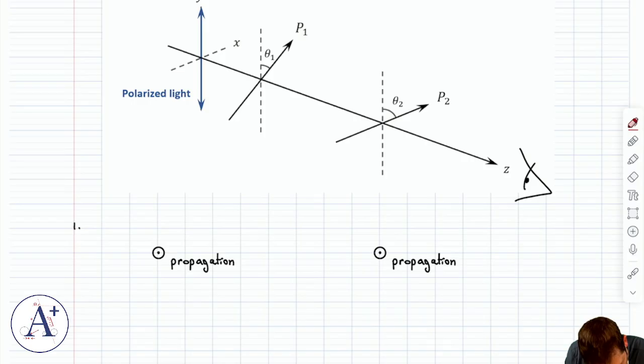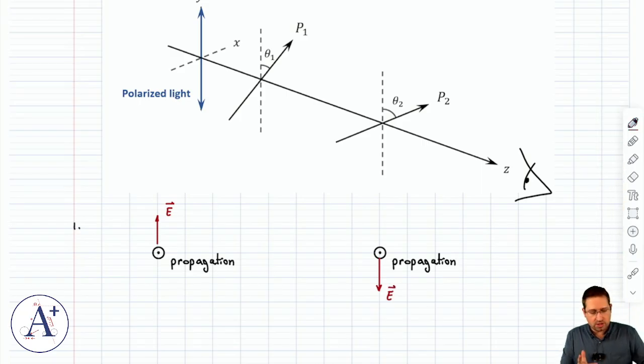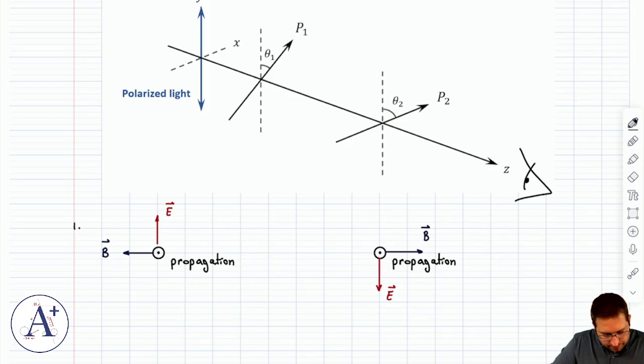E is vertical, because the wave is polarized vertically. So half the time it's up, half the time it's down. And then by the right-hand rule, what is B so that propagation is out of the page? Here it's going to have to be B to the left, and here it's going to have to be B to the right. That's it. That's all they want.